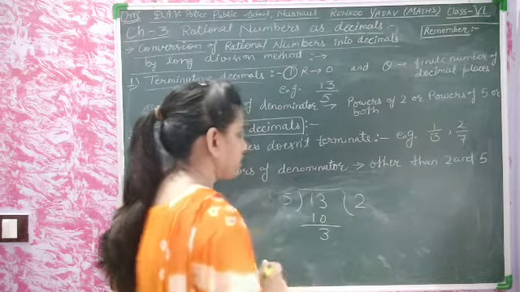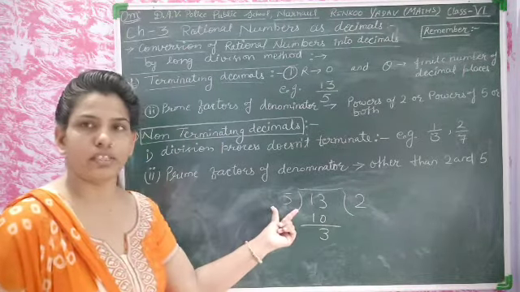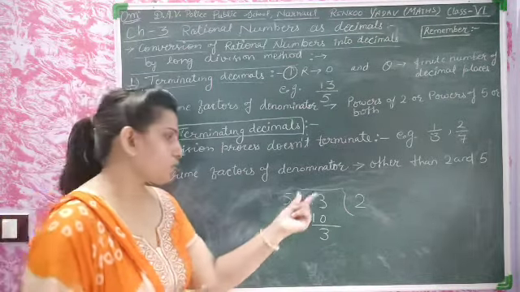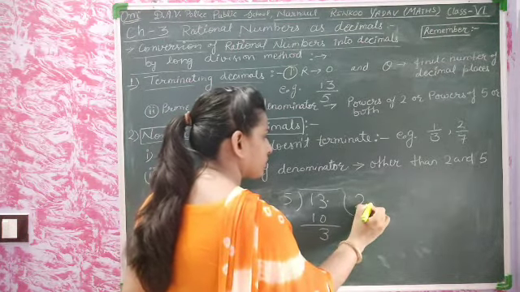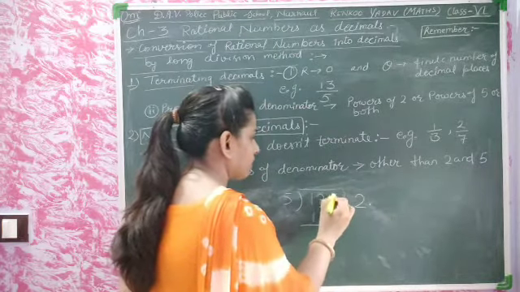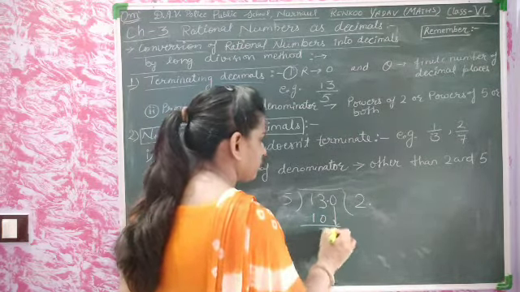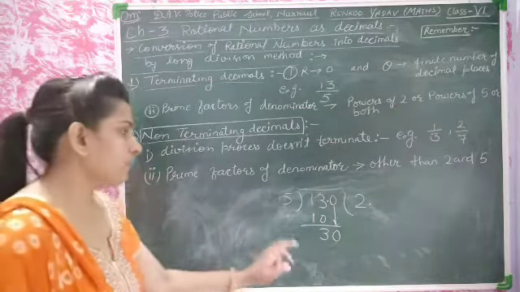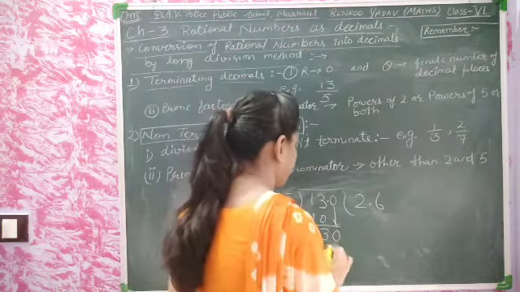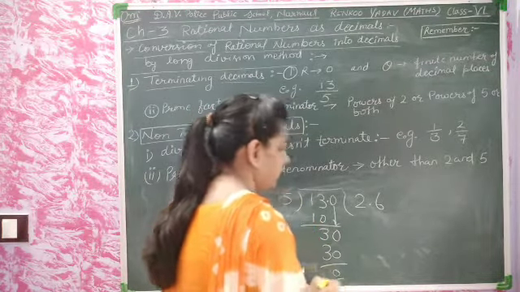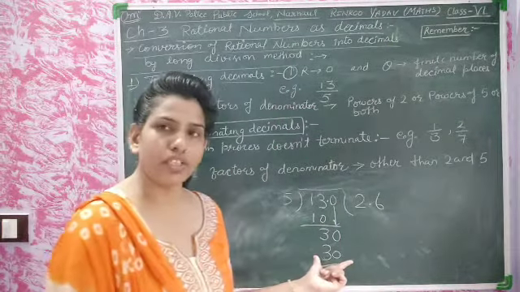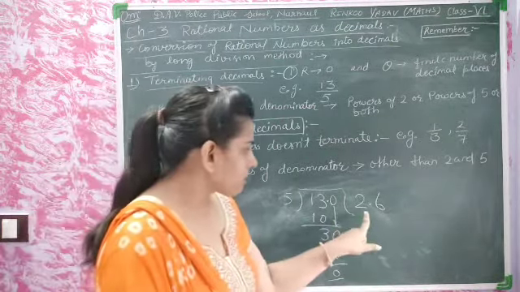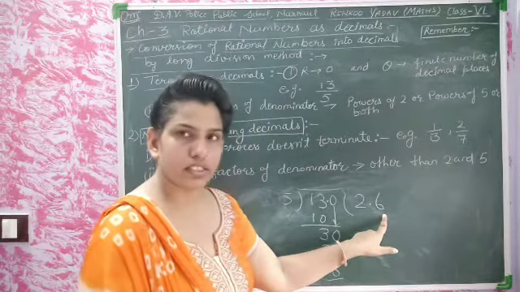Now this number is not divisible by 5, so we will place the decimal point in the quotient and also here, and now we will take the 0. 5 sixes are 30, it will be done. Is this clear, students? And now you are observing, students, that there is 2.6.